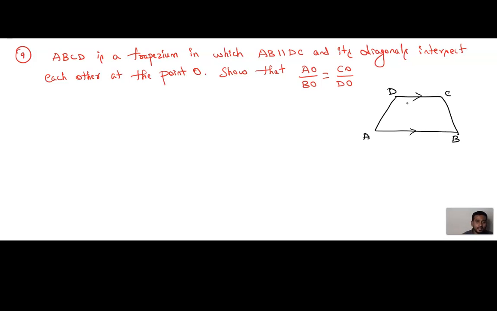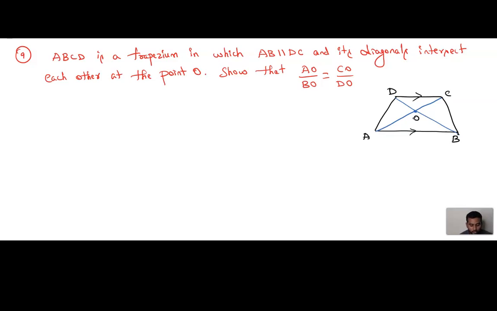And these diagonals intersect each other at point O. Now we are going to draw the diagonals. This is one diagonal from A to C. This is another diagonal, B to D. Both the diagonals are meeting at point O. Got it?